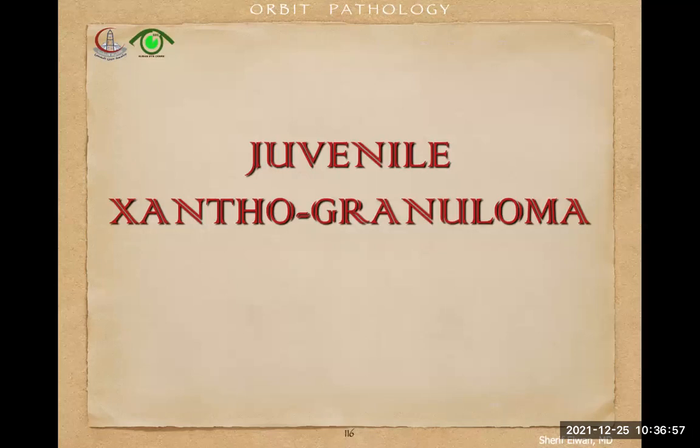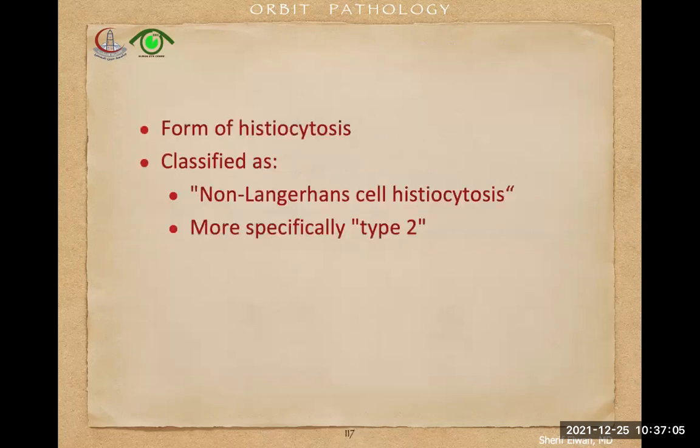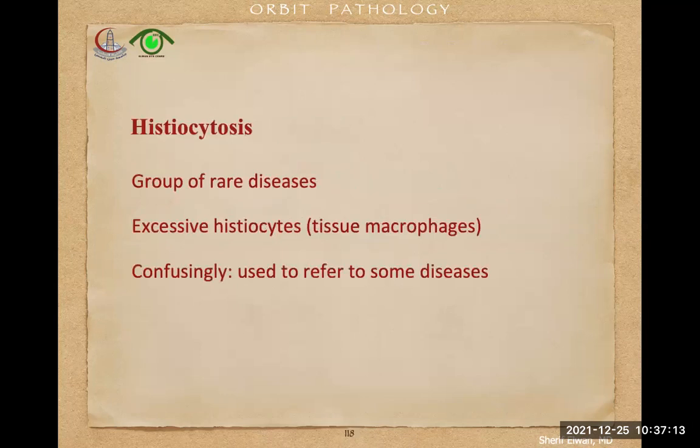Now the last subject in this, I know, heavy lecture is juvenile xanthogranuloma. And this is a form of histiocytosis classified as non-Langerhans cell histiocytosis, more specifically type 2. What is histiocytosis? It's a group of rare diseases with excessive tissue macrophages, which are histiocytes. You remember from the lecture on basic pathology.